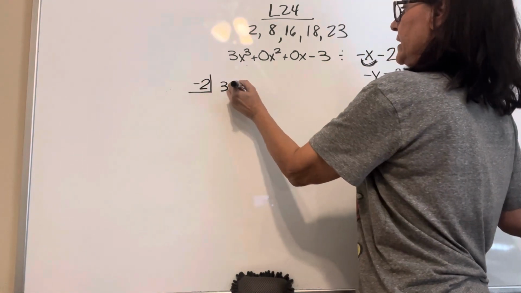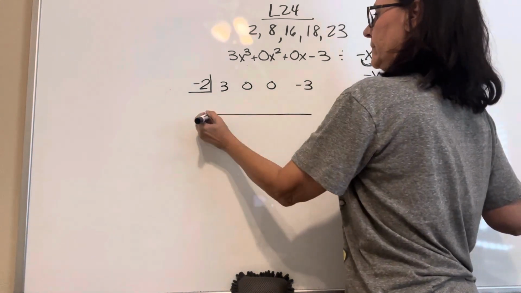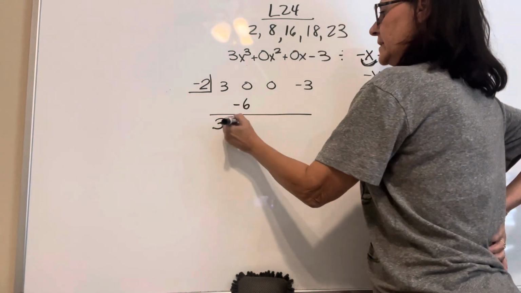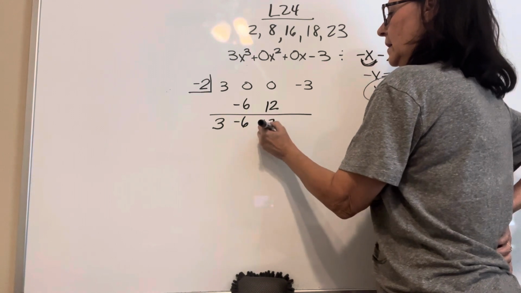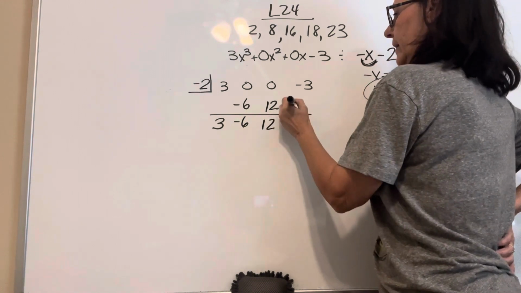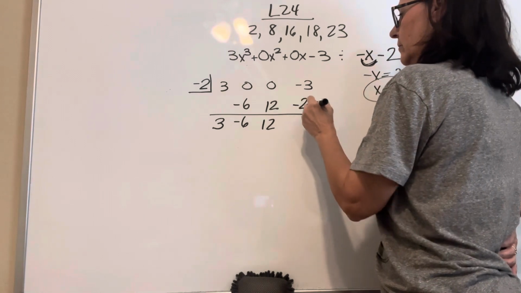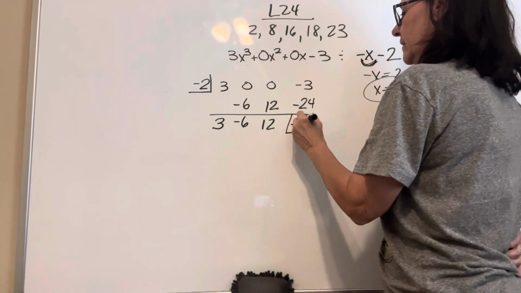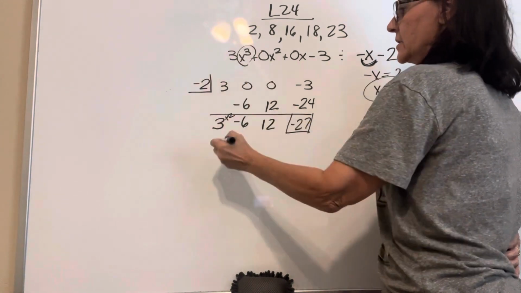Now I write 3, 0, 0, negative 3. I bring down. I multiply. That's negative 6. I add. I multiply. That's 12. I multiply. That's negative 24. Here's my remainder, negative 27. This goes with x squared because I begin with an x cubed.